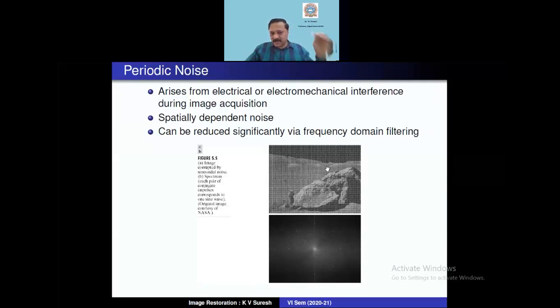It depends on the location of the pixel. I don't know whether you can really notice a regular structure of this noise. I hope you can observe that when I move along the x direction or the y direction, the pixel value is increasing, becoming maximum, and decreases. So this is a type of periodic noise.